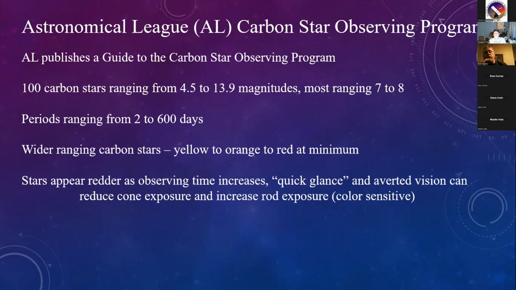They range in magnitude from 4.5 to 13.9, and of course, this is varying throughout that time. Most are in the 7 to 8 range, so I think they're very accessible. I think I did most of these with my 5-inch reflector. I did a few with my 8-inch SCT. But certainly, the darker the conditions, the better.